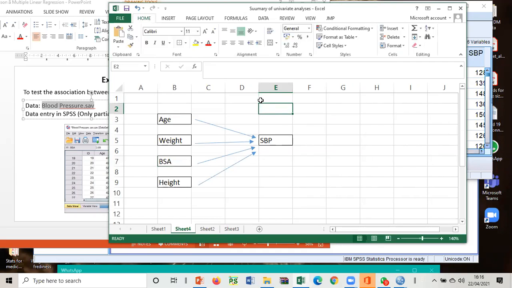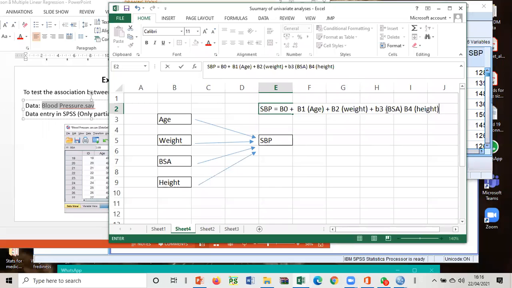So the equation we're looking for is what? SBP equals B naught plus B1 times age, plus B2 times weight, plus B3 times BSA, and plus B4 times height, plus some residual, right?